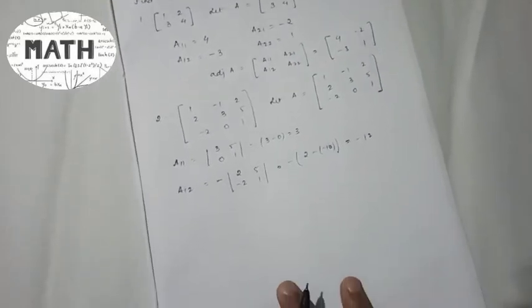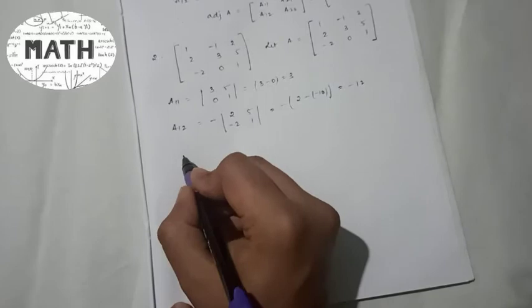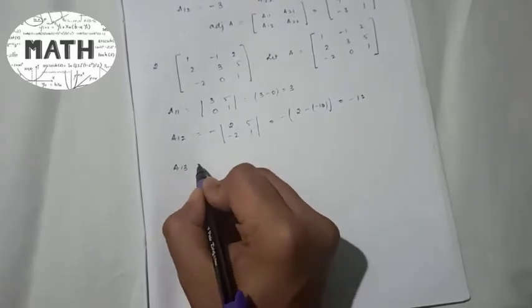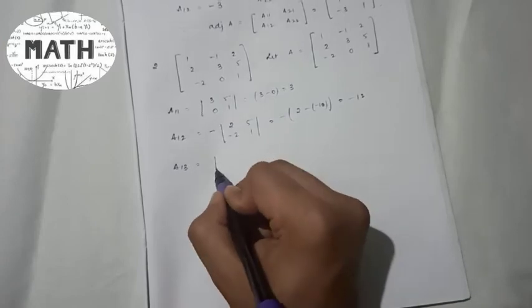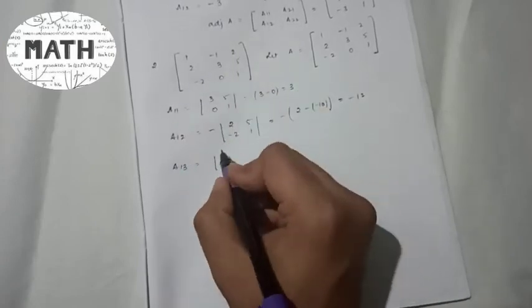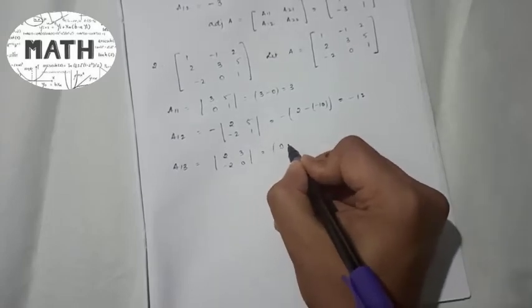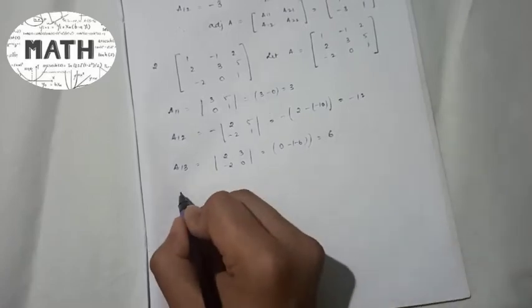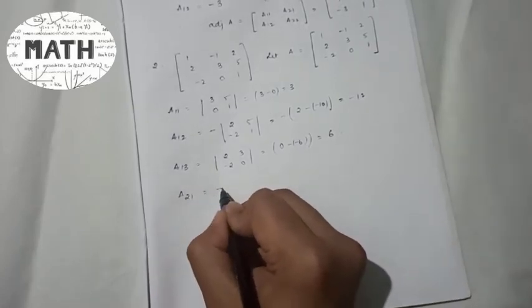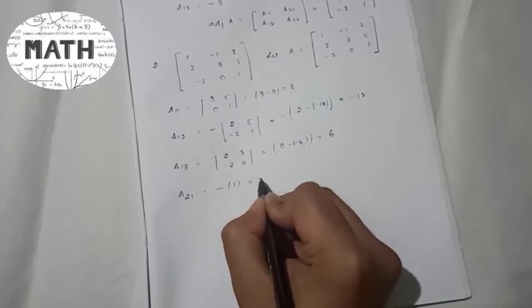Now A13. First row, third column gone. 1 plus 3 is 4, which is positive. So that will be 2 3 -2 0, that is 0 minus (-6), which is 6. Similarly A21 is minus, and you will get 1, so that's minus 1.